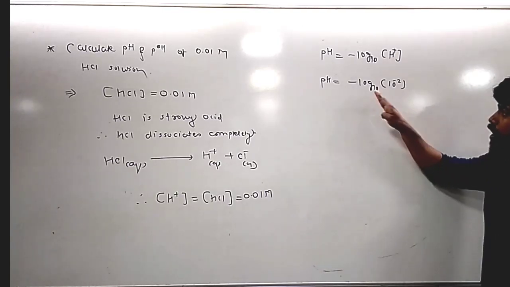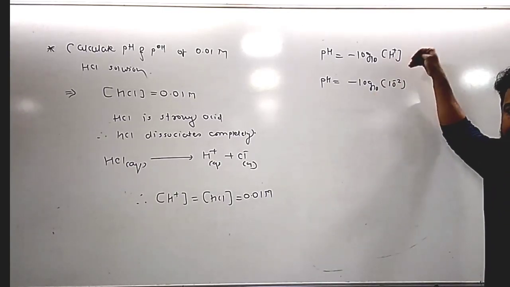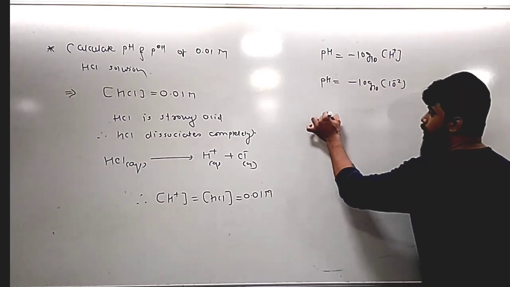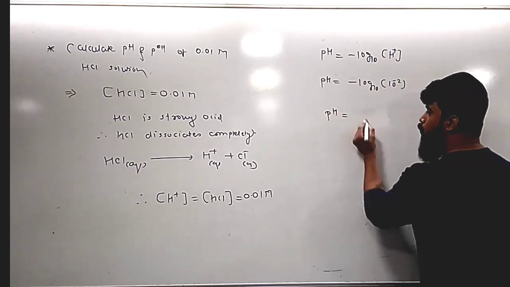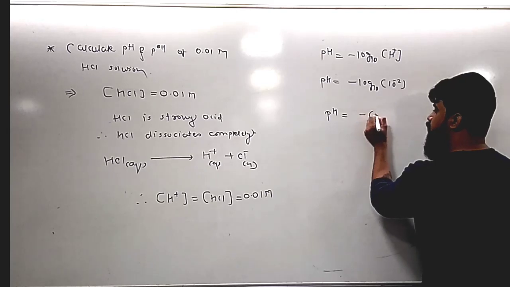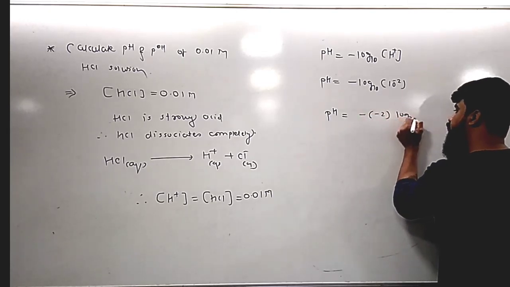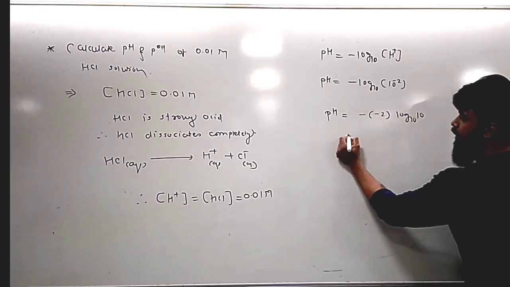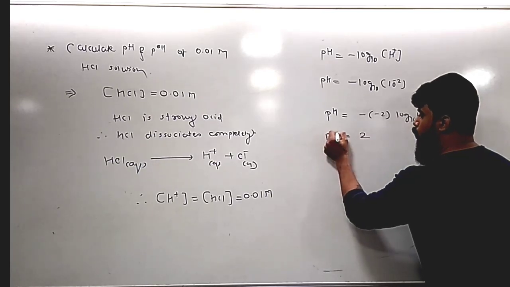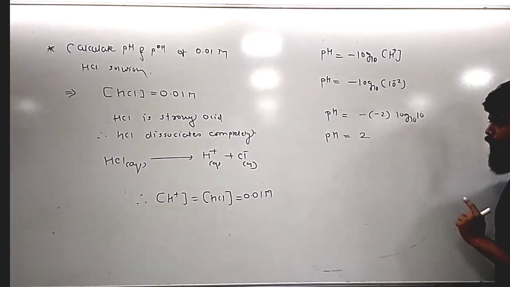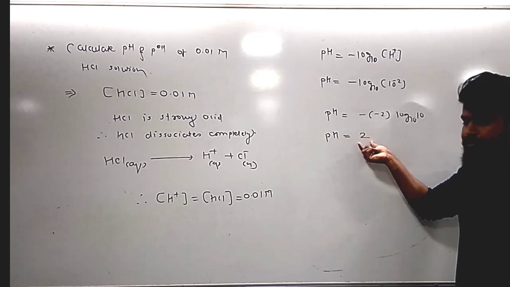Everybody knows that log of A raised to B is nothing but B log A. Therefore, pH is equal to minus 2 log base 10 of 10. Minus minus becomes plus, so pH is equal to 2, because log base 10 of 10 is equal to 1. Here we have calculated that pH is equal to 2.